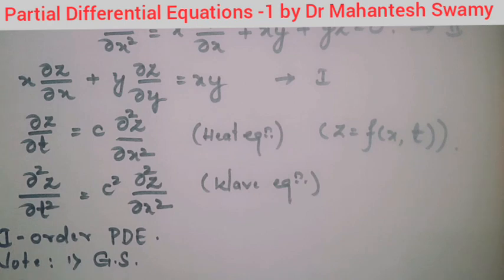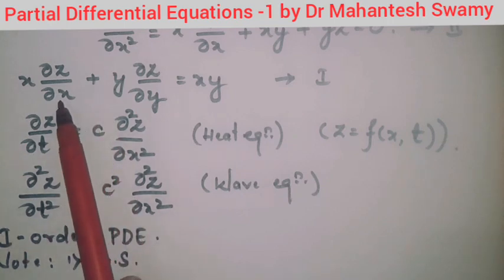If the ODE is of third order, there will be three arbitrary constants in its general solution. In the same way, in the general solution of a first order PDE, how many arbitrary constants will there be? The answer is that the number of arbitrary constants will be equal to the number of independent variables.